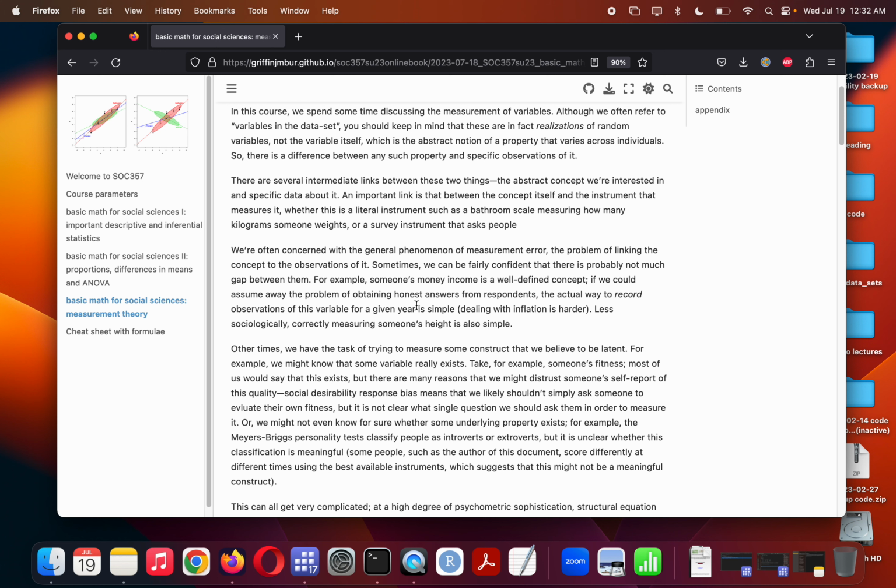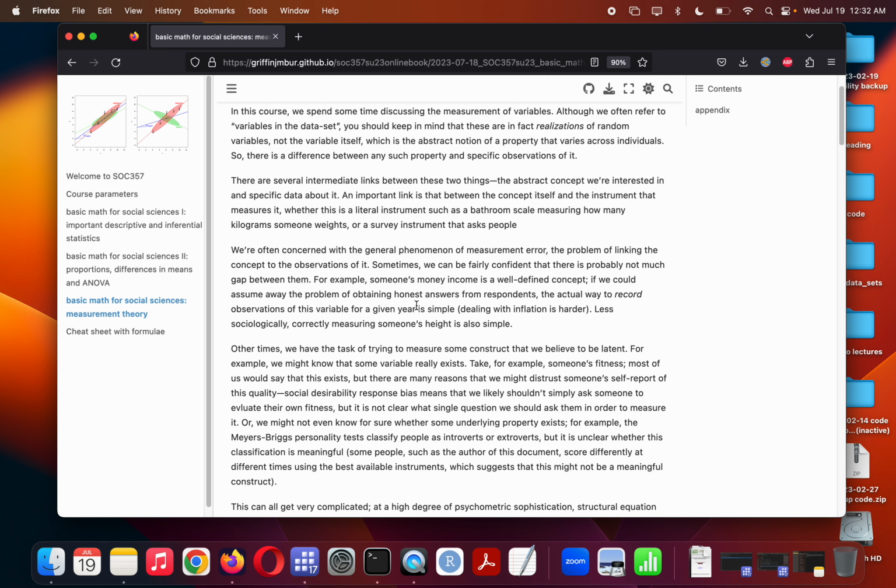But assuming those things away, so assuming this problem of user error, if you like, or respondent error, the actual way to record observations is pretty simple. Assuming you have a way to deal with inflation, which is pretty easy to do, all you have to do is just ask someone their income.